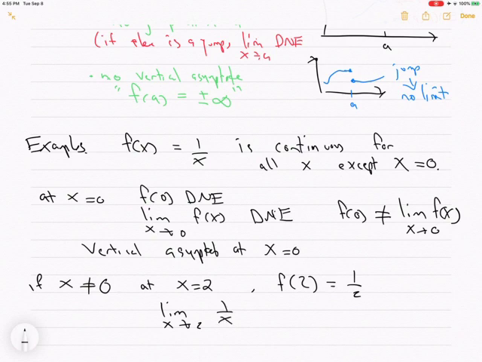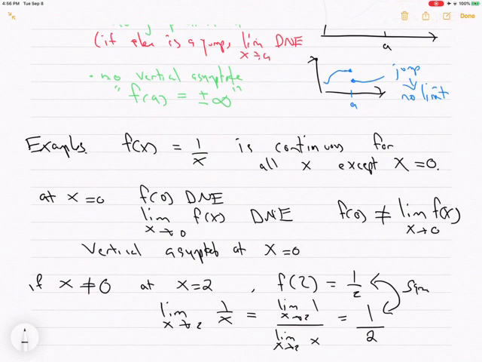Well, as x approaches 2, it's not approaching 0, so we can use properties of limits. That's the limit as x approaches 2 of 1 divided by the limit as x approaches 2 of x. The limit of a constant is itself, and as x gets closer and closer to 2, x is getting closer and closer to 2. So these two things are, of course, the same.